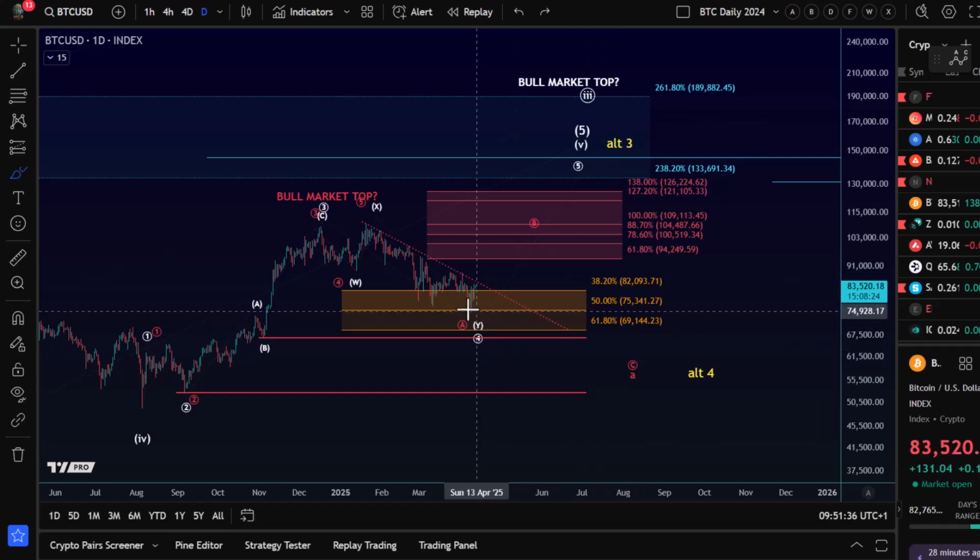So basically, it is at this point not clear whether the next move up will be a B wave or a wave 5 that could take us to 130K. On the smaller time frame, I'm not worried about it.